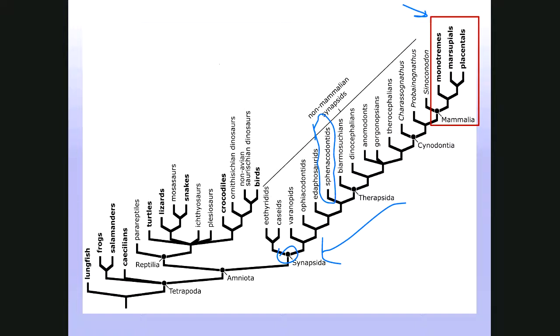If you're closer to the synapsid juncture, down towards here, then we might call these critters reptile-like mammals, okay? And then as we work our way up beyond the therapsids and the cynodonts, for example, we might consider them more mammal-like reptiles.